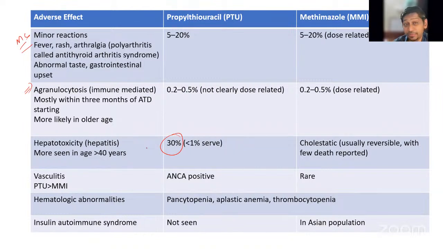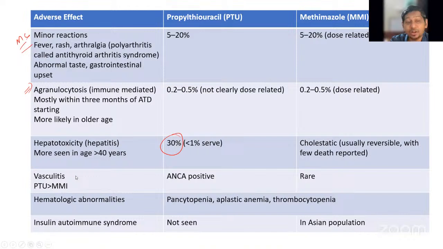However, at a later stage, it may cause fulminant hepatic necrosis. So we switch over in the second and third trimester to methimazole. Methimazole also can cause hepatotoxicity, but it is more cholestatic and reversible, and it is lesser in intensity.